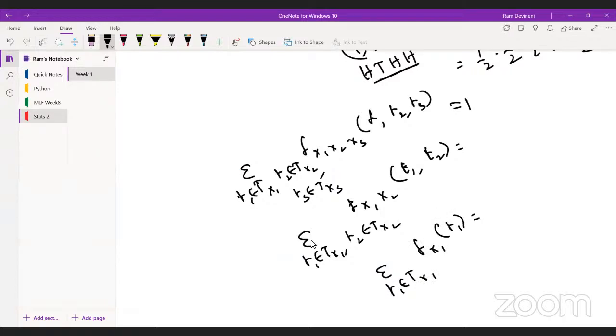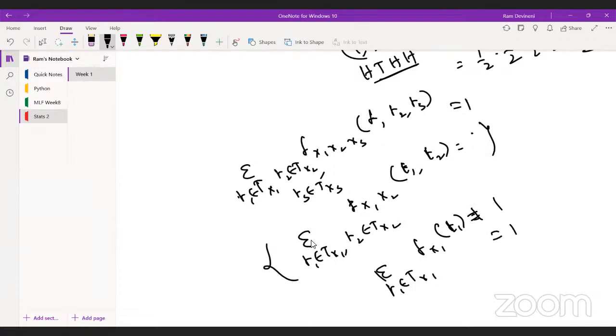I think it should be 1 minus fx1 x2 x3, t will remain and t dash 2 and t dash 3. Okay, think about it again. For a moment, forget about this. What about this? Not equal to 1. This is going to be 1. Not equal to 1.